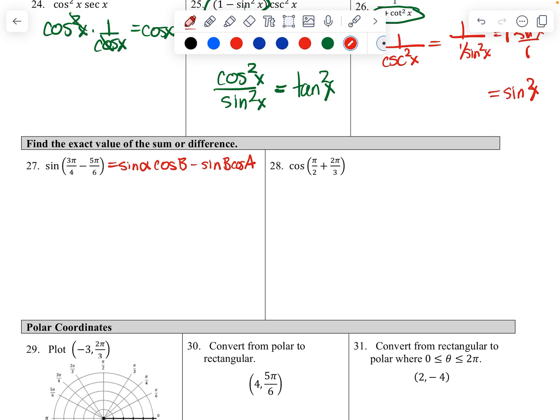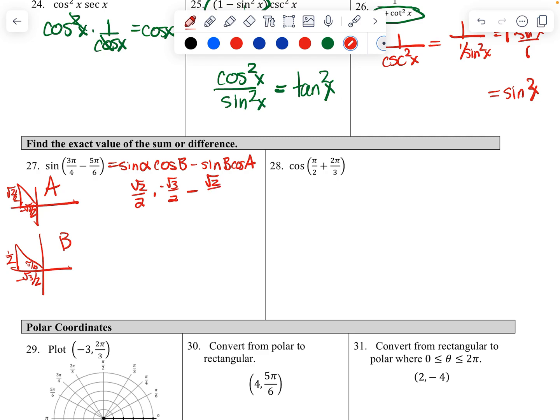Okay, so I have 3 pi over 4. So root 2 over 2, negative root 2 over 2. So there's the alpha. Beta is 5 pi over 6. So that's pi over 6, 1/2, negative root 3 over 2. So sine of alpha, root 2 over 2 times the cosine of beta, negative root 3 over 2.